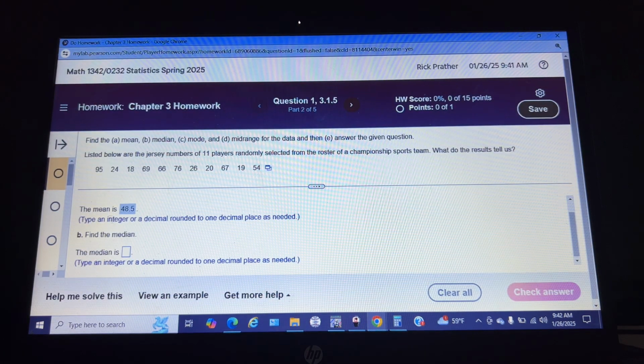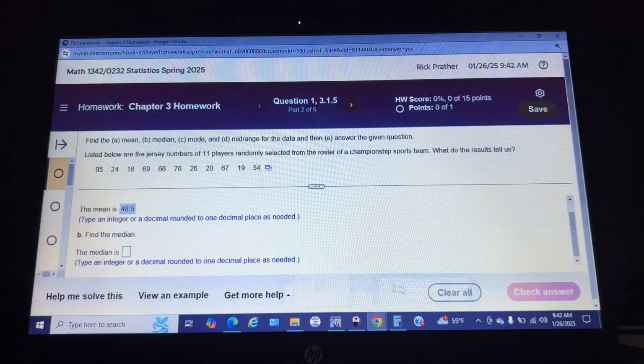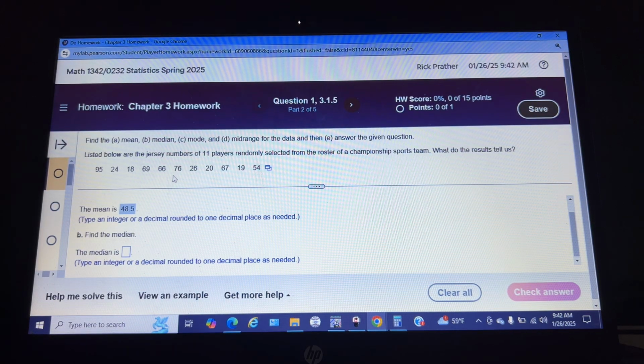So for this data set, let's see, we don't have any single-digit numbers. Teens, there's an 18 and a 19. Any numbers in the 20s? 24, 26, 20.